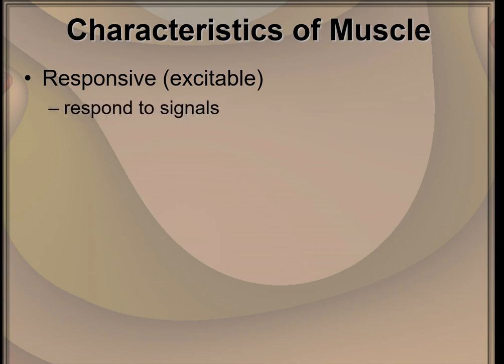These signals are nerve stimuli. Skeletal muscle has to have a nerve tell it to contract. If the nerve can't tell it to contract, what do we say about that muscle? It's paralyzed. So skeletal muscle won't do anything unless it's told to contract.